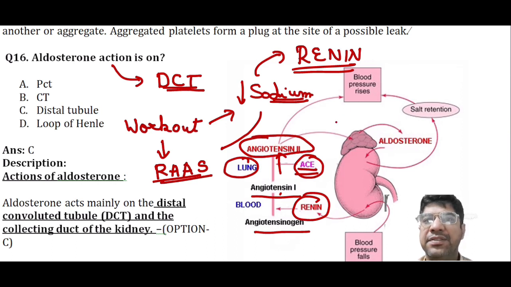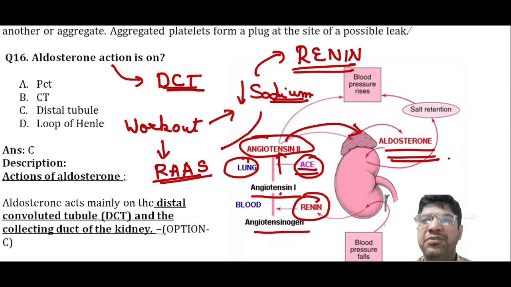Angiotensin 2 is a potent vasoconstrictor and it stimulates the adrenal gland. It will stimulate the adrenal cortex to release aldosterone.